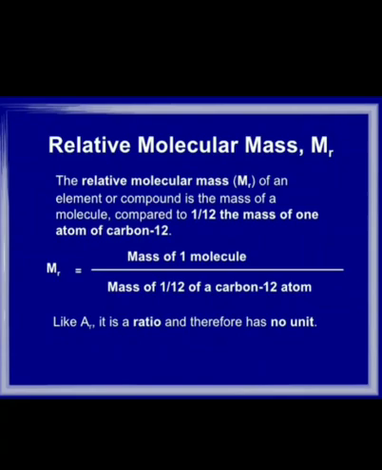Understood? That means relative atomic mass is the number of times one atom of an element is heavier than 1 by 12th the mass of an atom of carbon, and relative molecular mass is the number of times one molecule of the substance is heavier than 1 by 12th the mass of an atom of carbon. Okay.